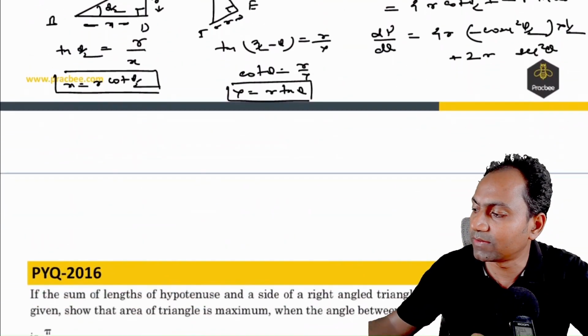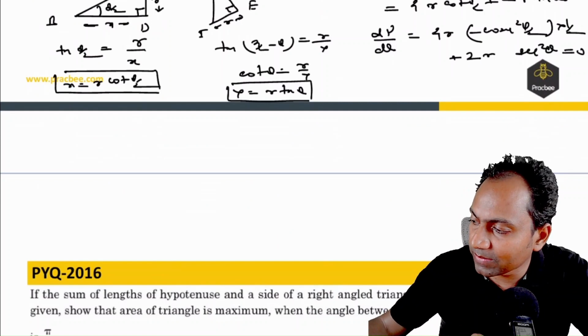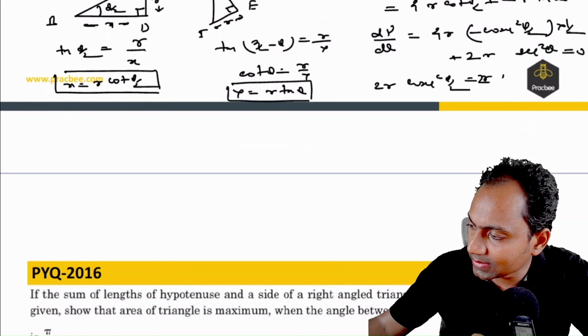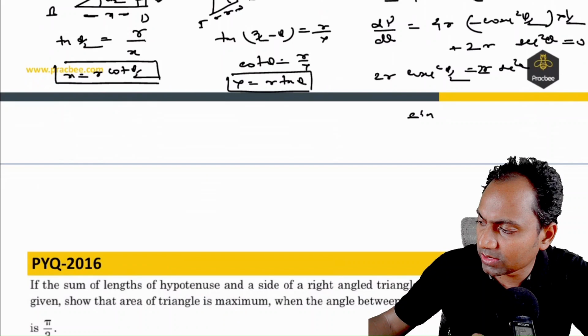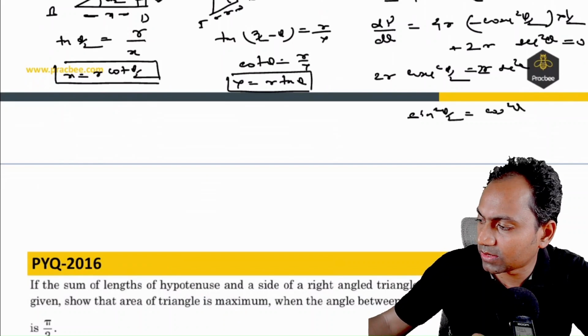So the derivative will be equal to 0. So let us put this equal to 0. If I simplify, what am I getting? I am getting 2r cosec square theta by 2 equal to 2r sec square theta. And if I rearrange the terms, what I am getting is nothing but sine square theta by 2 is equal to cos square theta.